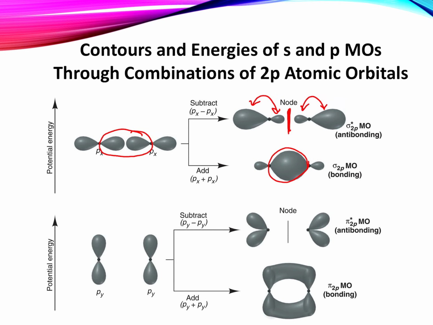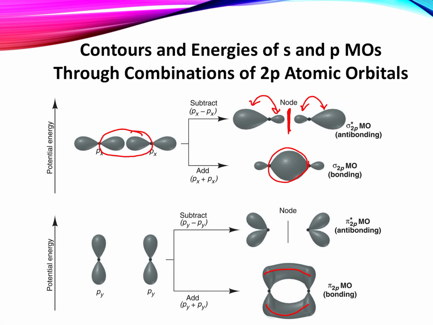If we are adding them more up and down, we will see this, which is what we see a lot, right? We were drawing the flower diagrams. This should look familiar. This overlap of the pi 2p, where the electrons exist above and below the plane. And so that would be when we have our bonding molecular orbitals.